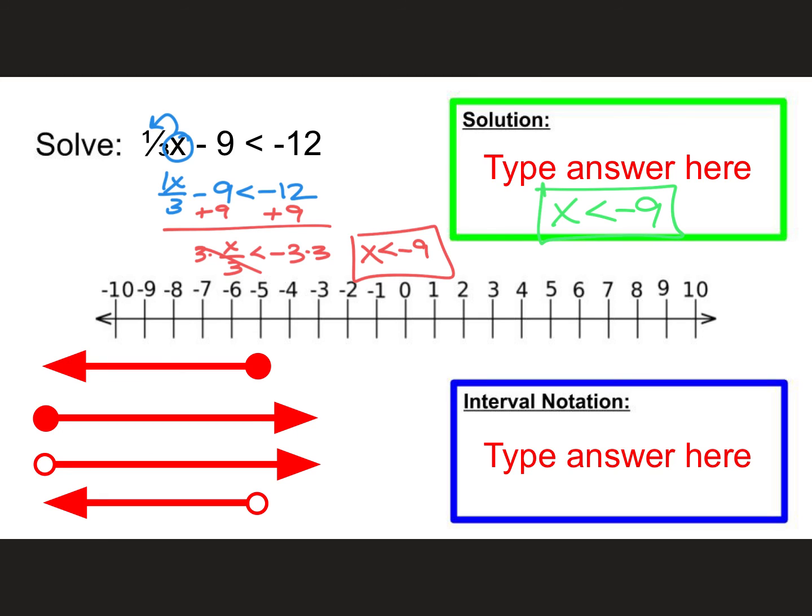And then when I go to graph, I would be using this last one. So I would place that on -9 and then the arrow pointing towards the left. So that interval is negative infinity to -9 with parentheses in all the spots.